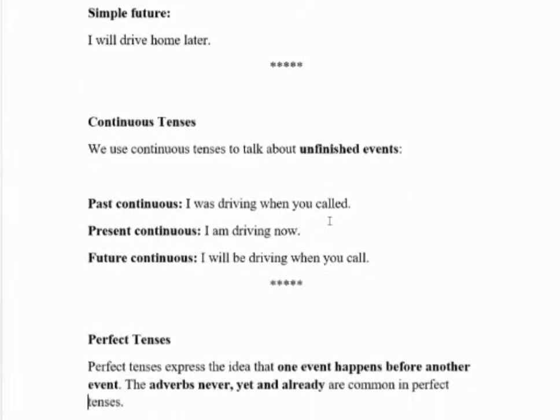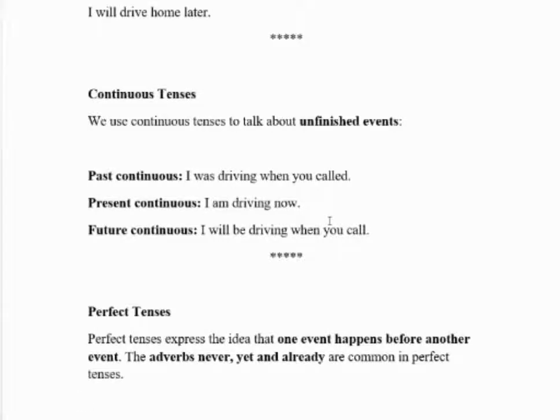Continuous tenses. We use continuous tenses to talk about unfinished events that are continuing. In the past continuous, I can say I was driving when you called. I was driving.